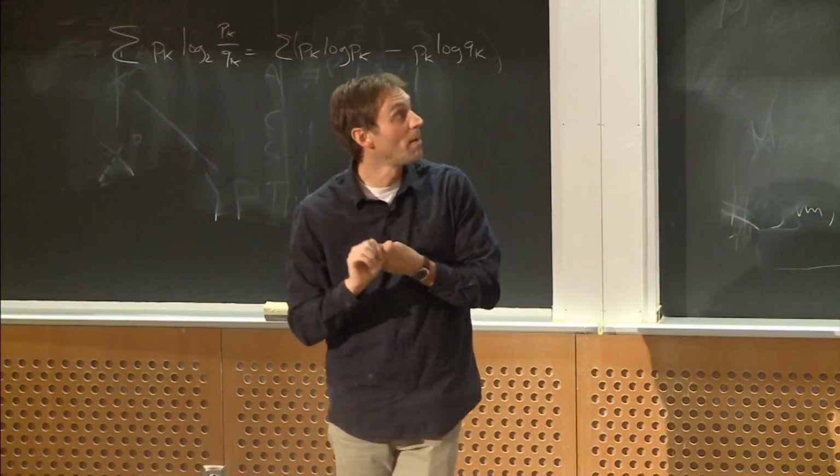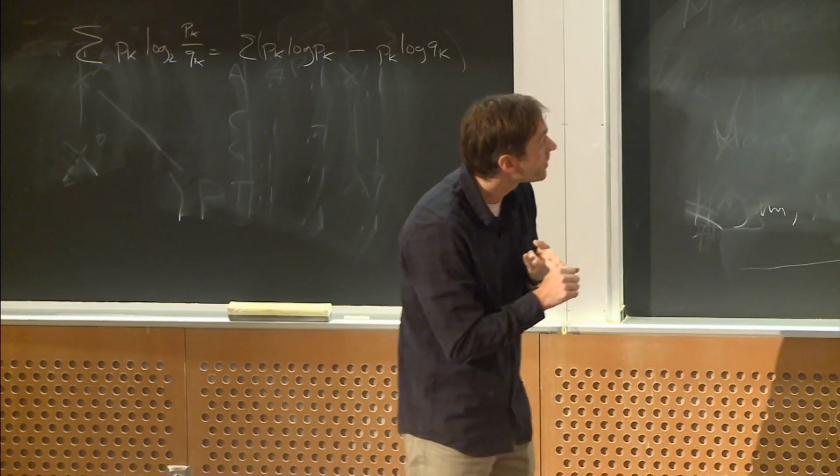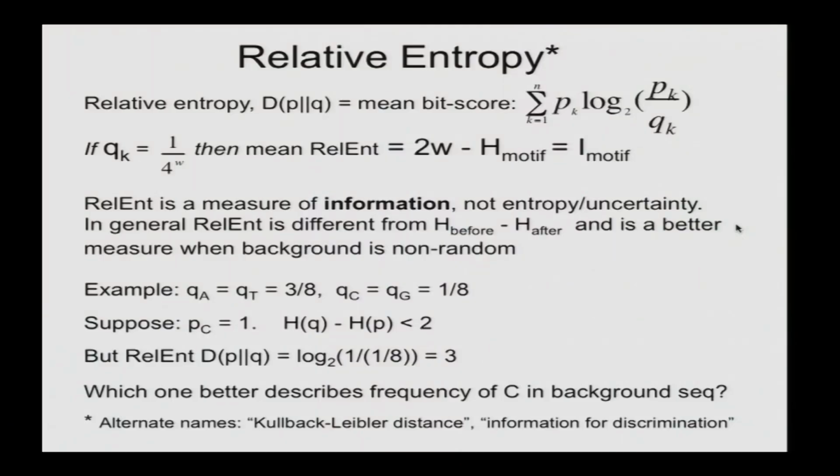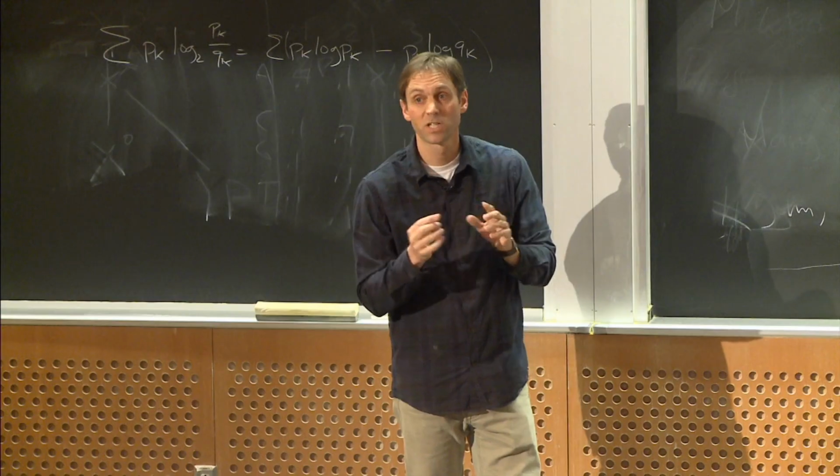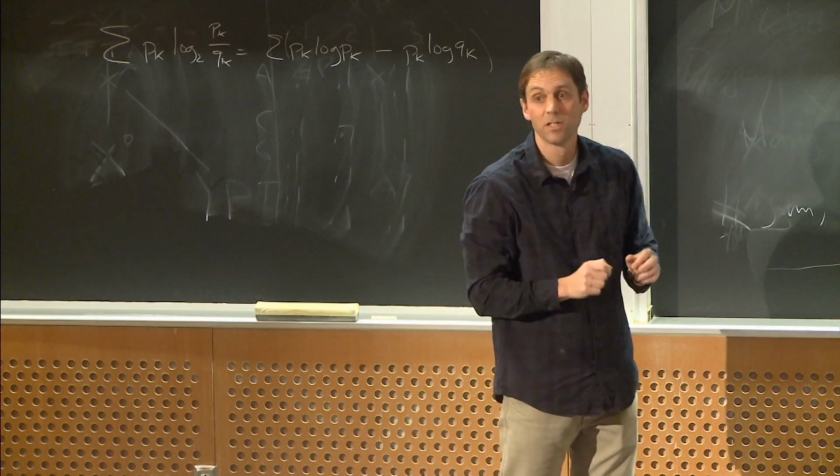However, the relative entropy will be 3 bits. If you just plug these numbers into this formula, it'll turn out to be 3 bits. And my question is, which one better describes the frequency of this motif in the background sequence? The motif is just a C.